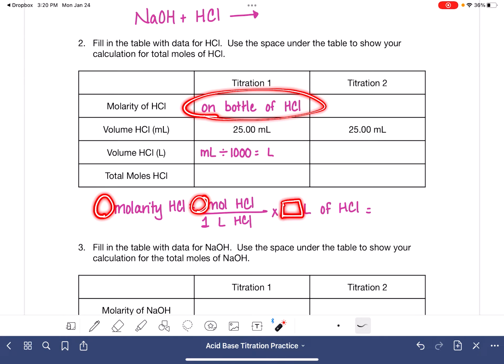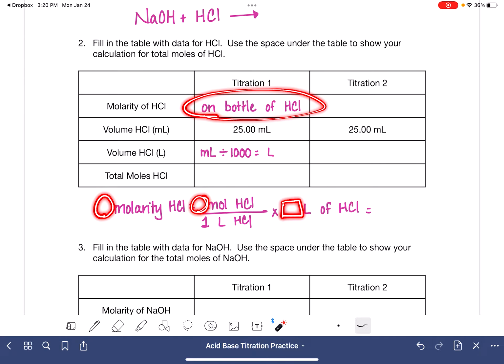You've got the molarity of NaOH that you will be reporting from the bottle of NaOH in the lab. For this one, you don't have a predetermined volume. So for the HCl, you were specifically using 25 milliliters. For the NaOH, you don't know how much you might be using. The burette started at 0 milliliters. You will write down the final burette volume at the end of the titration.